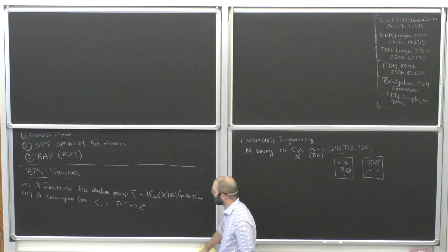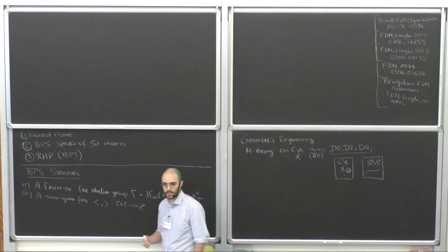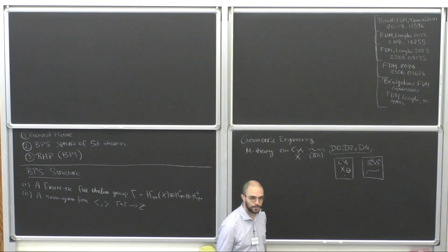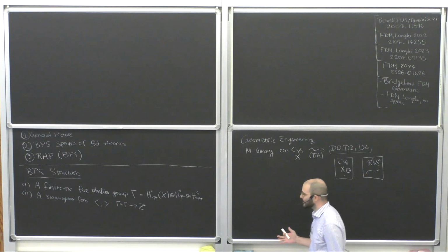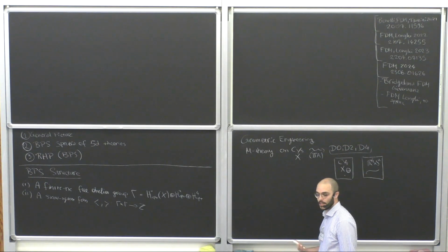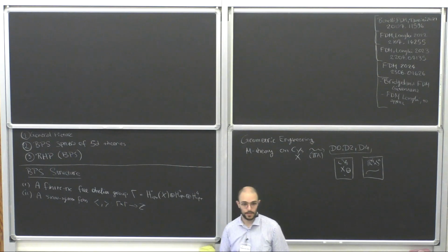So the second ingredient is the skew symmetric form. And the skew symmetric form physically is what is known as the Dirac pairing.